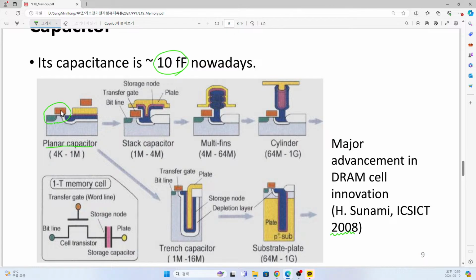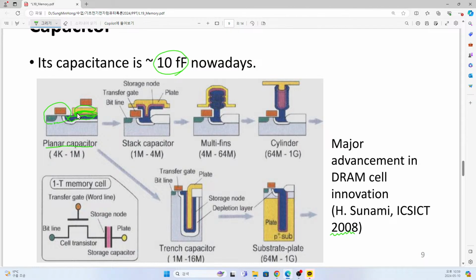So this is a gate and this is connected to our bit line and this is corresponding to our storage line. Then where can you actually find the capacitor? Yes, this one is corresponding to our capacitor. So this is the storage node and capacitor, and here we have a grounded plate. That was the planar capacitor.